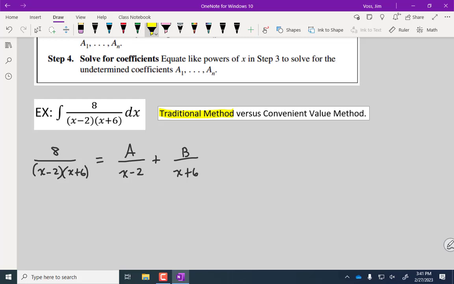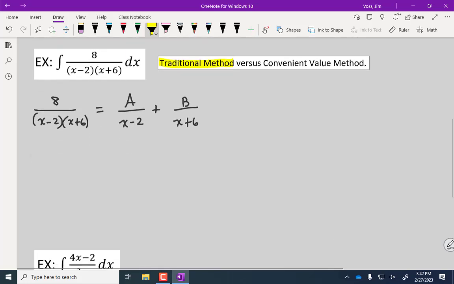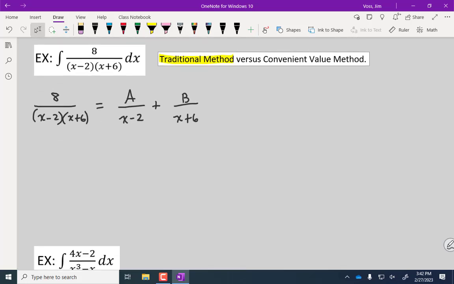It could be very, very hard to do that factorization, but you can always factor down to linears and irreducible quadratics. In an irreducible quadratic, you need imaginary numbers to factor. x squared plus 1, x squared plus 5, things like that. But the traditional method will work for any of these cases.